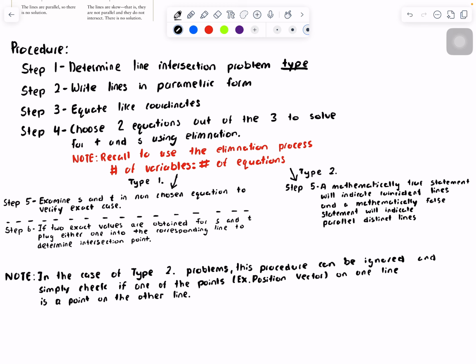If the lines are coincident, then all points must be the same on each line, meaning if a single point is not on that line, it has to be the other case, which is they're parallel and distinct. That's the logical reasoning you use for this other procedure, if they're type 2 problems.